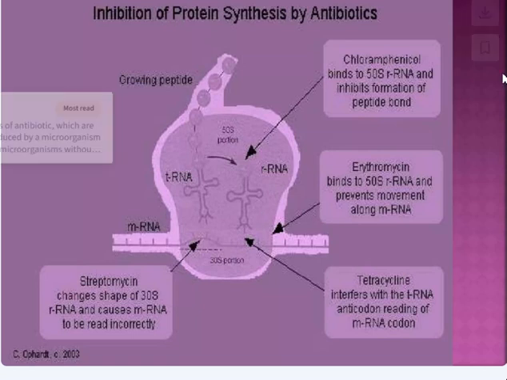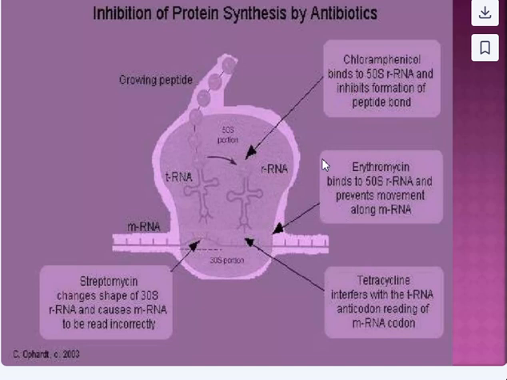For other protein synthesis inhibitors, chloramphenicol and erythromycin, which is a macrolide, bind to the 50S ribosome, whereas streptomycin and tetracycline bind to the 30S ribosome, and they simply avoid the binding.